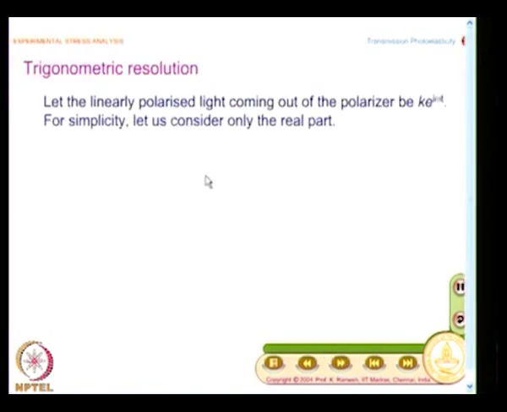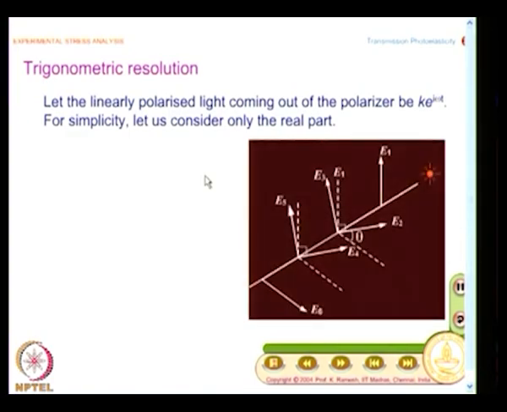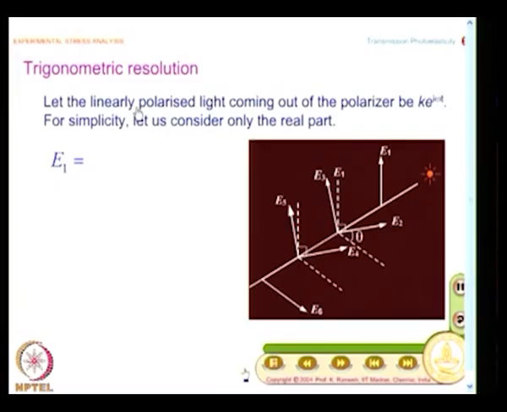And now, what we have to do is look at whether we can establish mathematically what we have looked at from a logical explanation, and find the equation of intensity of light. For that we need to develop the mathematics, and the simplest way is a trigonometric resolution.